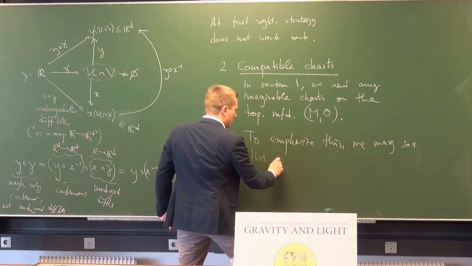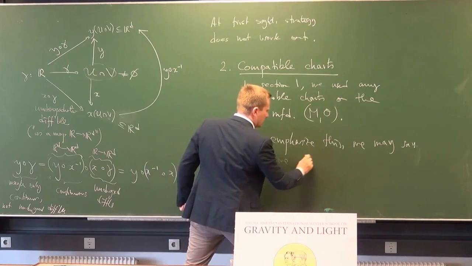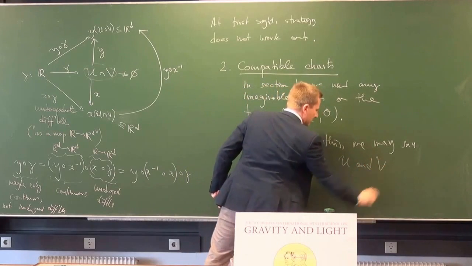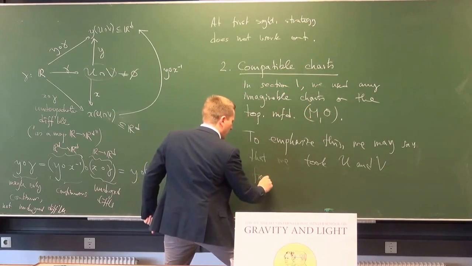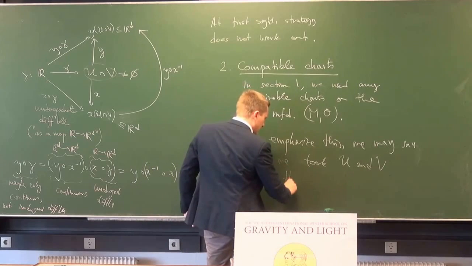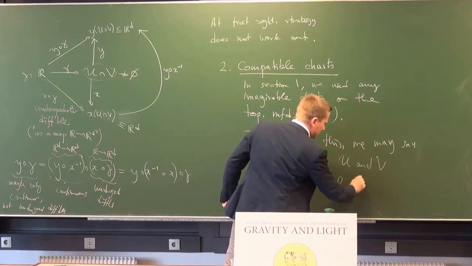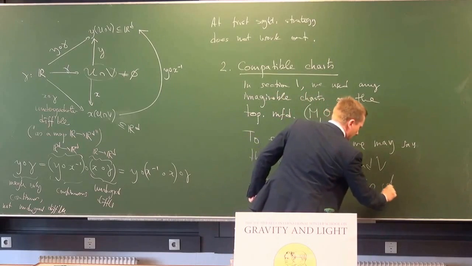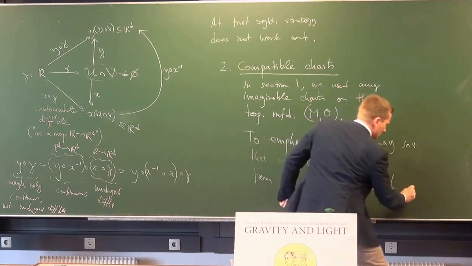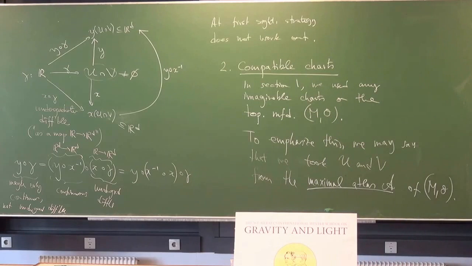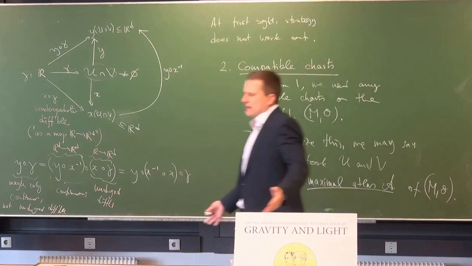that we took U and V, these arbitrary charts, from the maximal atlas A of M0. Again, an atlas was just a collection of all charts.